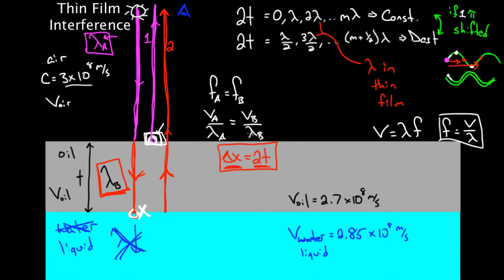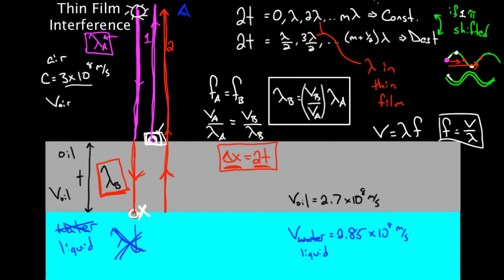Okay, so now we can just solve for wavelength in region B, and we get that wavelength in our thin film will equal, I multiply both sides by wavelength in B, and then I multiply these out, and what you'll end up getting is the speed of the light in region B, divided by speed of the light in region A, that factor times the wavelength of the light in A. So this is one way to determine it if you're given the speeds like I did here.